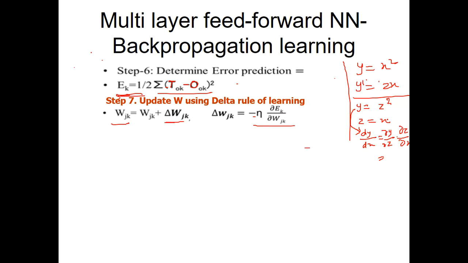Differentiating y with respect to z gives 2z, multiplied by the derivative of z with respect to x, which is 1. So this is called the chain rule of differentiation.